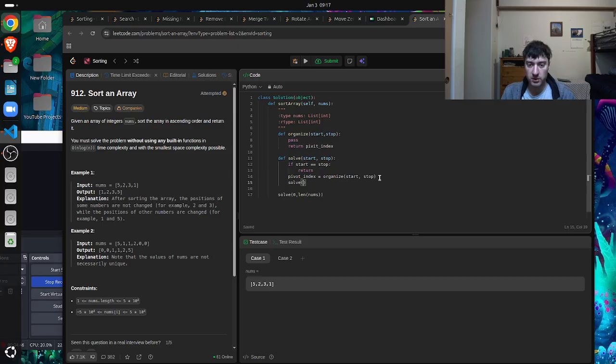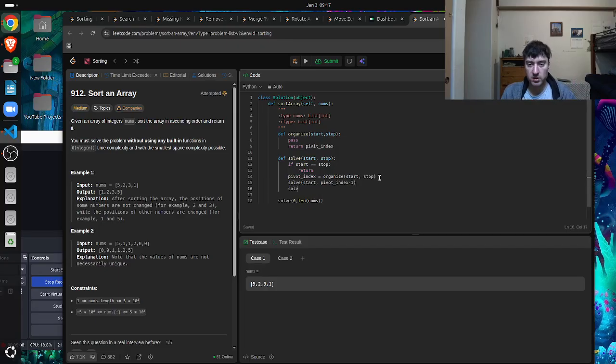So that's going to be from my own start to the pivot index, but the pivot index is in its rightful place, so I don't need to do that one. I need to do 1 over, like that.